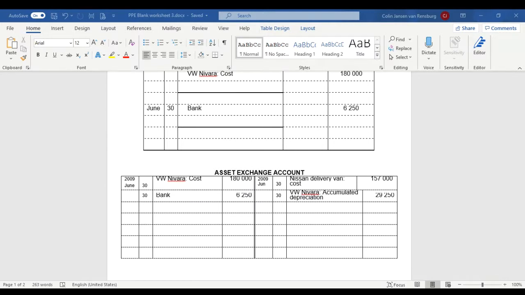Kino? I would like us to do a question there, a question on the PPE note. Okay, I'm not too sure whether I actually have one handy, but you must now give me a few minutes. Let me see if I can find one.